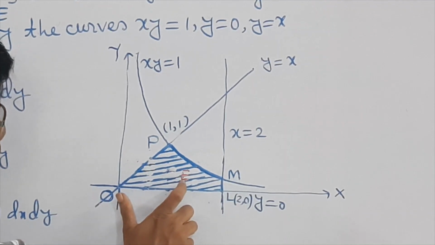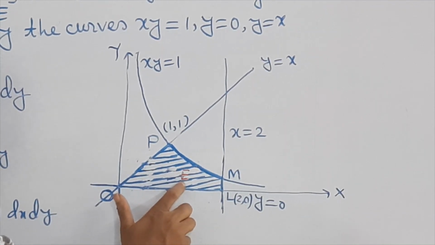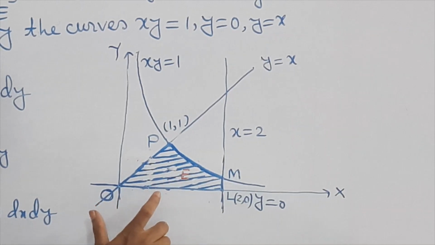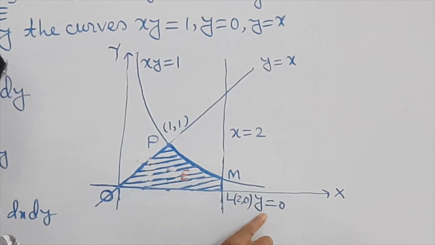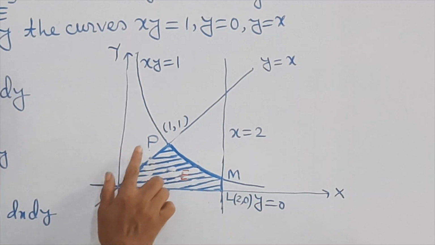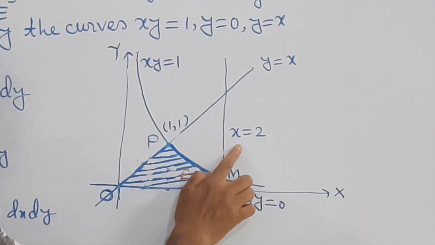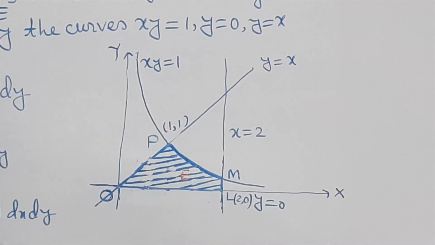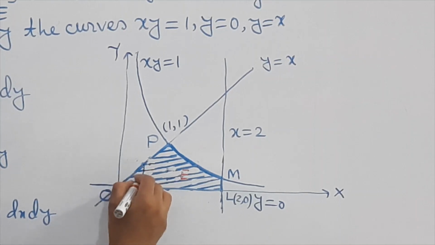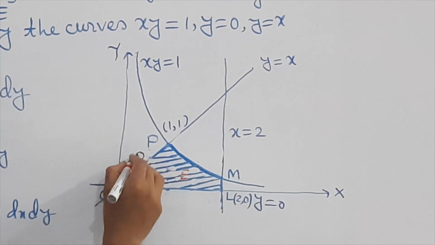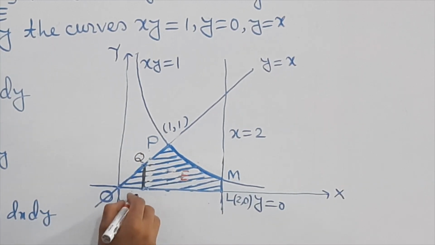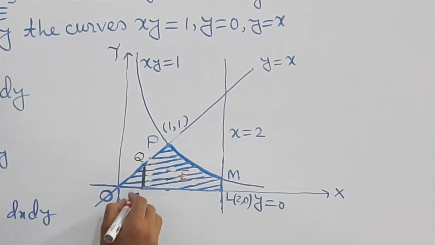Here the region E is bounded by the straight lines y is equal to 0, y is equal to x, x is equal to 2 and the curve xy is equal to 1. Let us take an arbitrary ordinate, suppose QR.